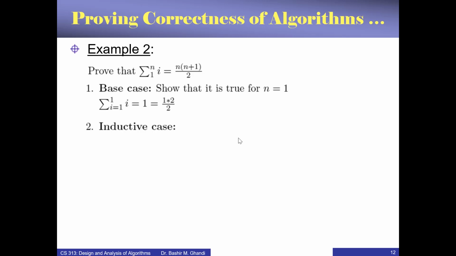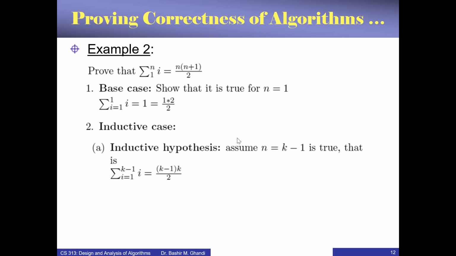Alright, so let's go to the inductive case. Here we're going to assume that the formula is true for a certain n. So let us say that the formula is true when n is equal to k minus 1.